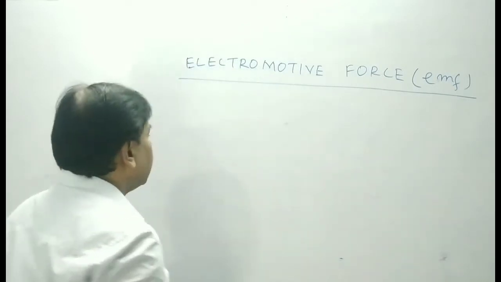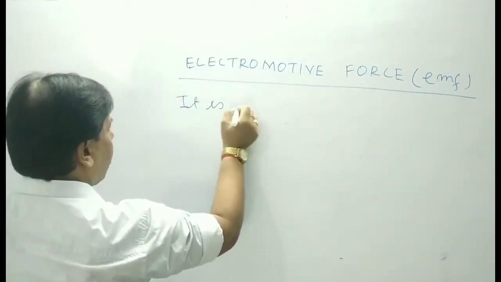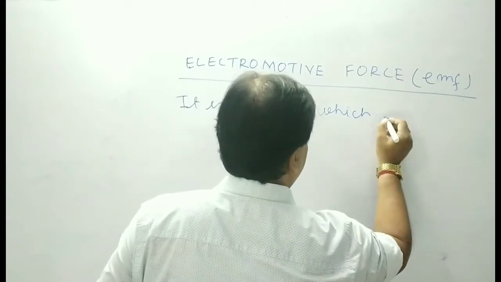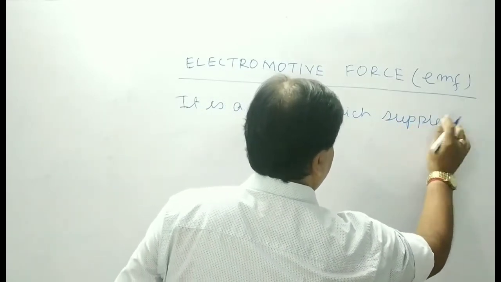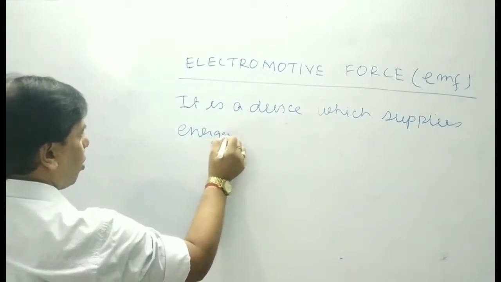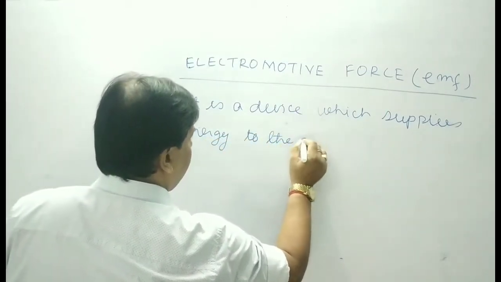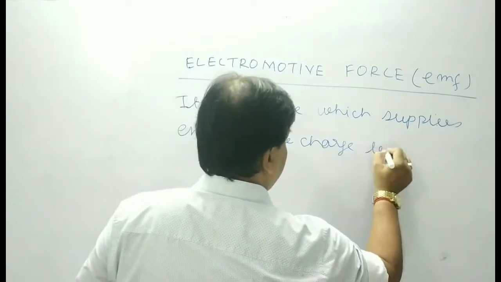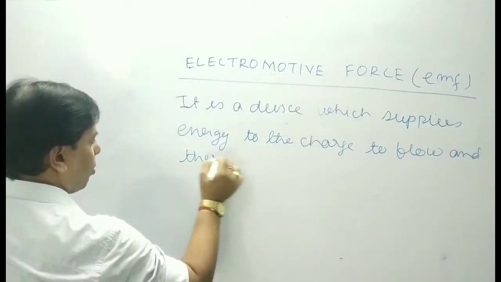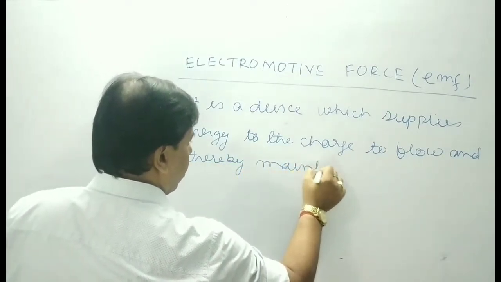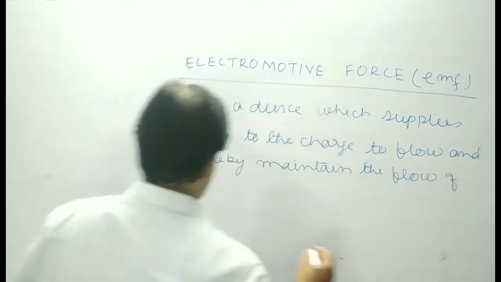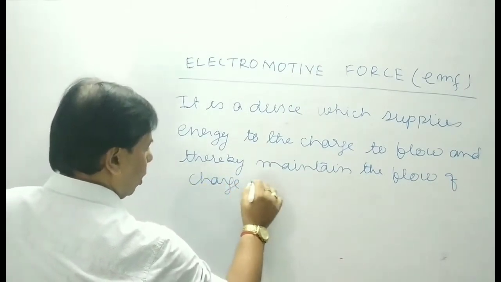Write down: it is a device which supplies energy to the charge to flow and thereby maintain the flow of charge in the circuit.